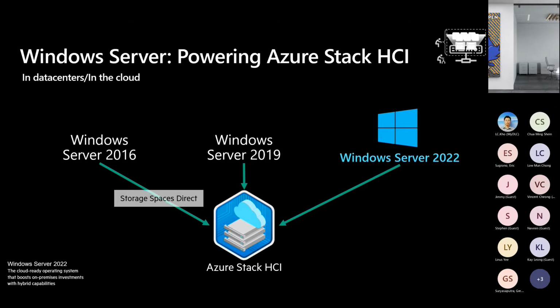For those of you who are new to Windows Server, there have been more than 10 versions of Windows Server up to this point. Now, why am I talking about the last 3 versions, the current version and the last 2 versions, is because the hyper-converged capability in Windows Server came about starting in Server 2016.